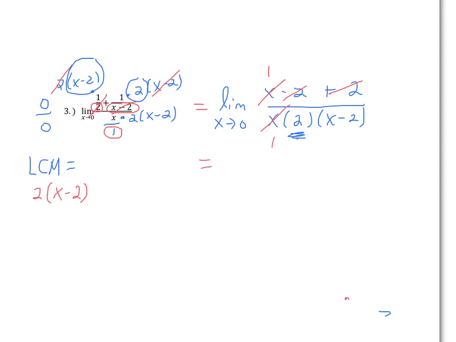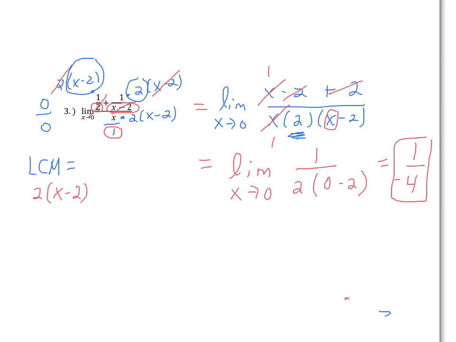So if we look at what's remaining, we have the limit as x approaches 0 of 1 over, on the bottom I have 2 times, now I have an x there, so I'm going to put my 0 in there where I see an x. And when we clean this up, we're going to have 1 over, this would be 2 times negative 2, so that's a negative 4. So negative 1/4 would be our final answer.